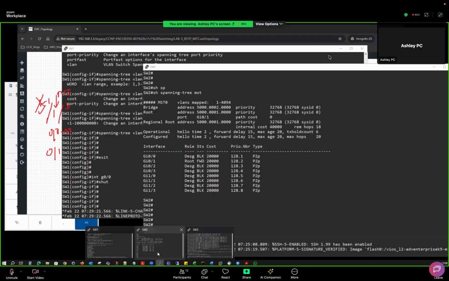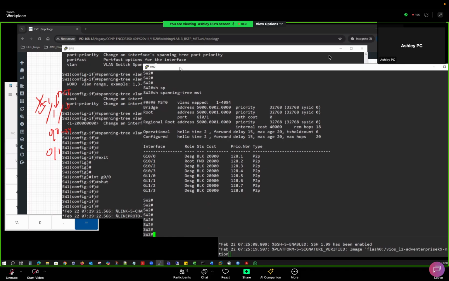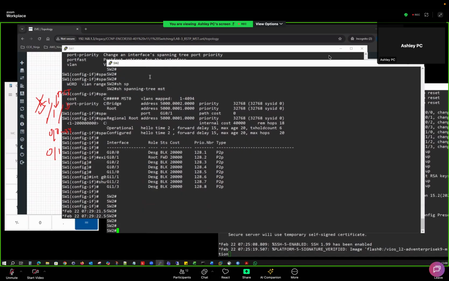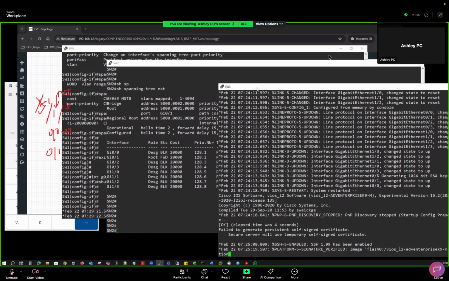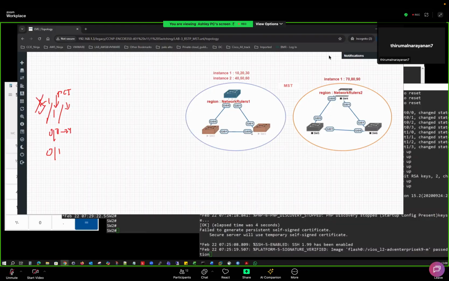So I will go to my neighboring switch of 2. Who is the neighboring switch of the 2? 3, right? Yes or no? For this switch 3, this port for entire VLAN, we are going to change as 20. Right? And from this switch, for this port, we are going to change for entire VLAN as 20.